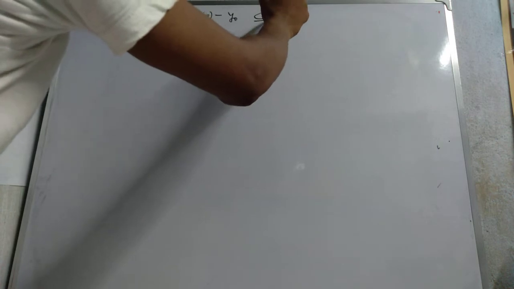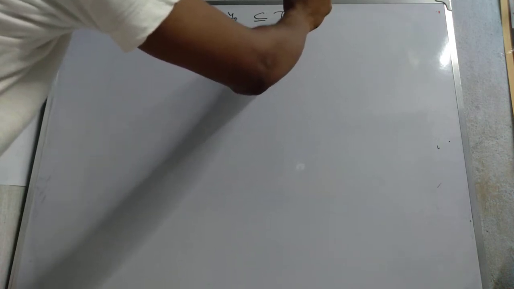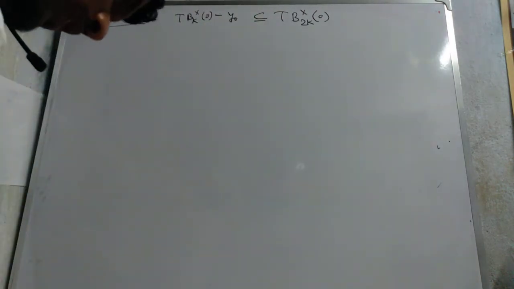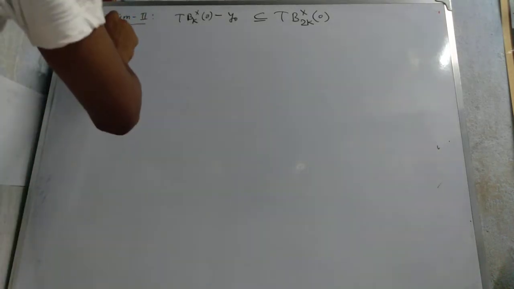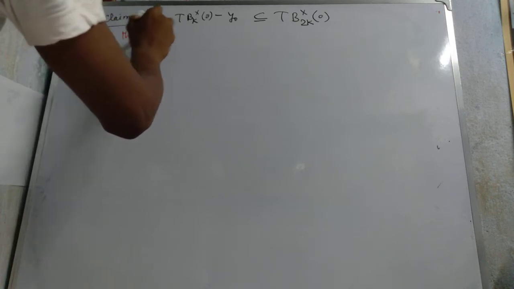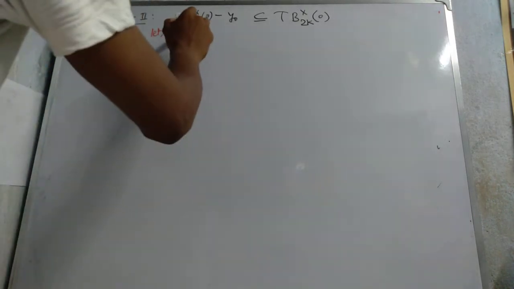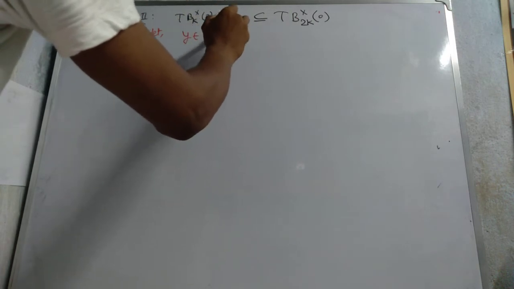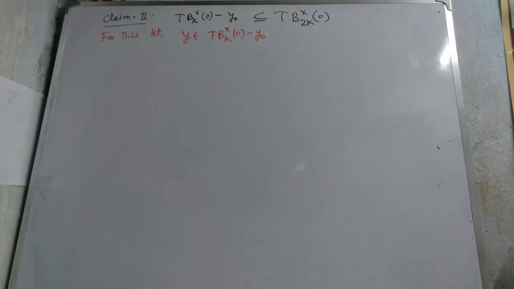Now claim 2: T(B_k(x0)) − y0 is a subset of T(B_2k(x0)). How do we prove this? For this, let y belong to T(B_k(x0)) − y0.